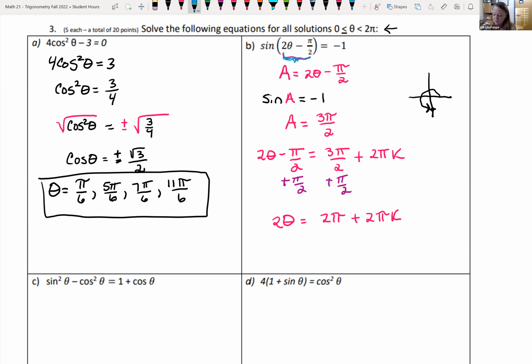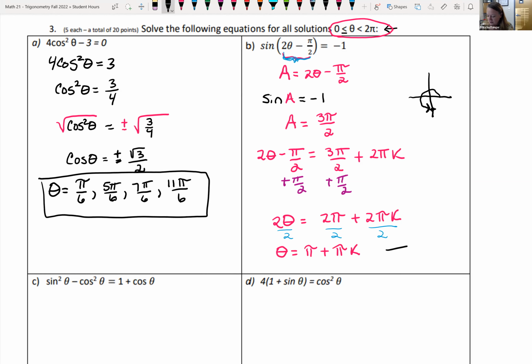So getting theta by itself, let's divide everything through by 2. And so we're looking at theta is equal to pi plus pi k. So if we wanted all solutions, we would stop there. But we want all solutions between 0 and 2pi, including 0 and not 2pi. And so this is where you start plugging in values for k.